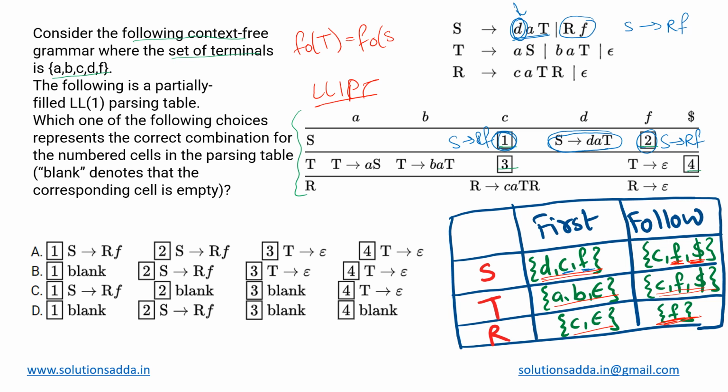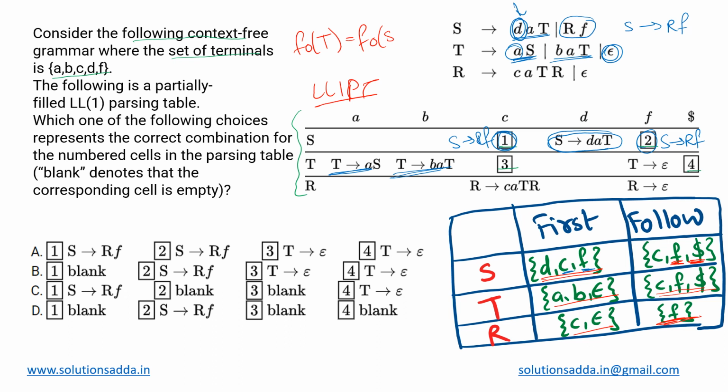Then coming to T, the first production, T derives AS, will be placed under A, and that is already given. Then next is T derives BAT, that will be placed under B, it has already been placed in the table. Then comes T derives epsilon.